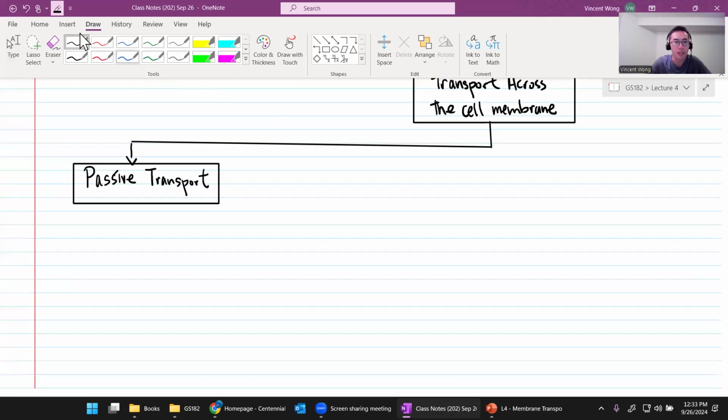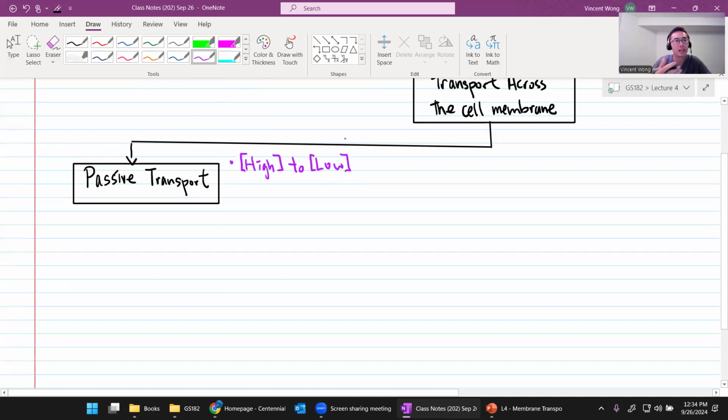Passive transport basically has the following features. It goes from high concentration, remember the square bracket means concentration, to low concentration.